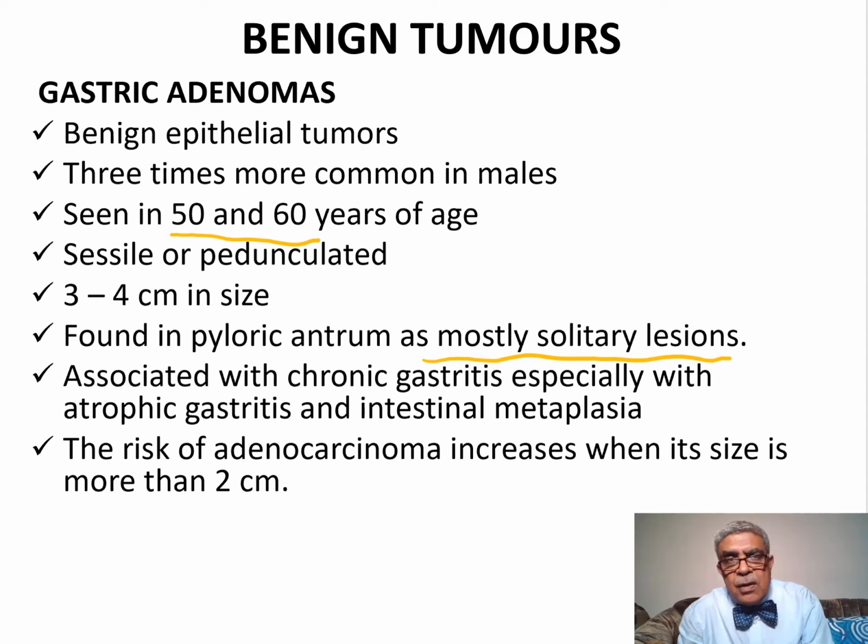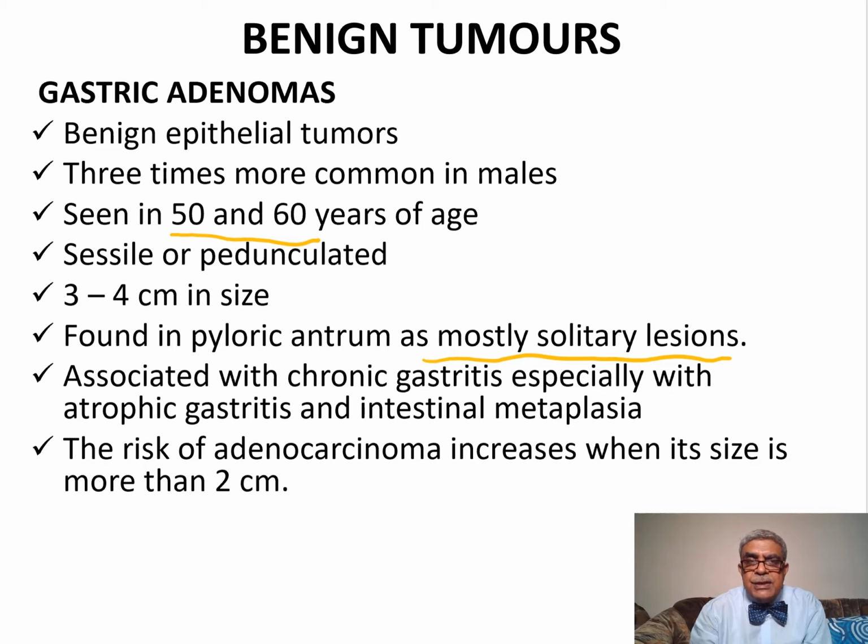Now, adenomas, they show dysplasia, and when they show dysplasia, we just grade that dysplasia as low grade or high grade. Both grades of dysplasia are characterized by nuclear enlargement, elongation, pseudostratification, and hyperchromasia of the nuclei.